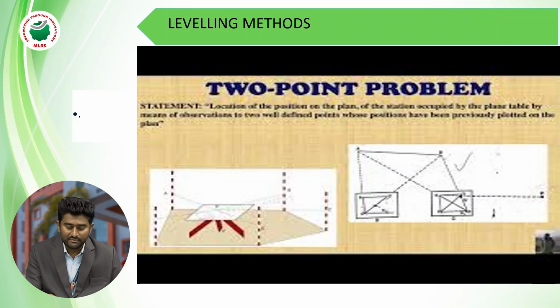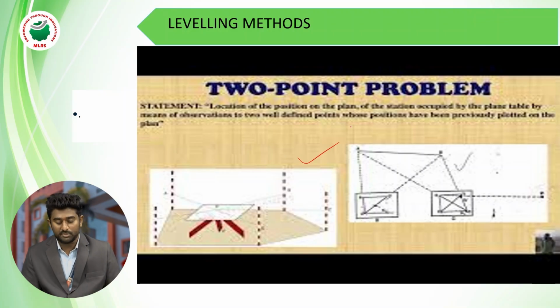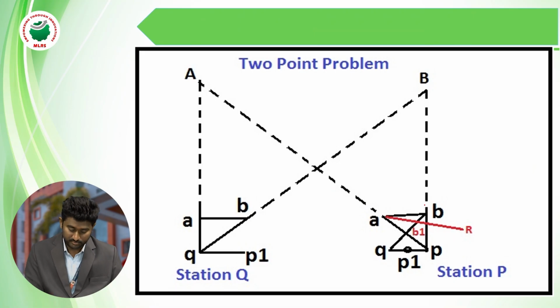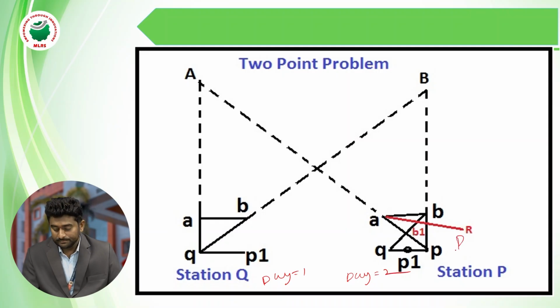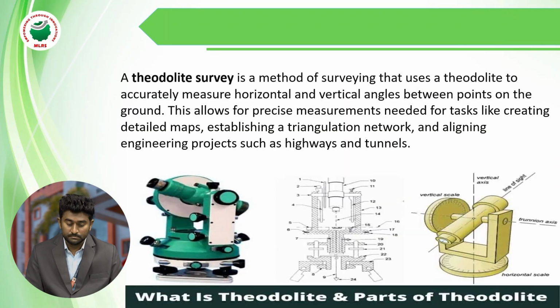For example, road construction surveys and railway surveys, any continuous survey. For that kind of survey you prefer the two-point problem method.